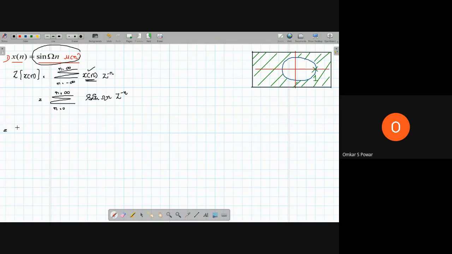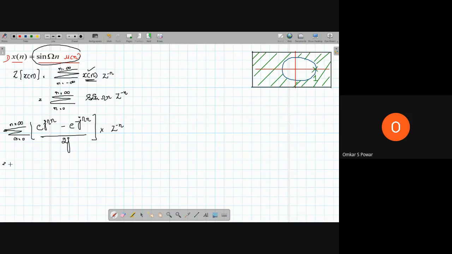I can express sine omega n in terms of exponentials. Summation n varies from 0 to infinity of e power j omega n minus e power minus j omega n divided by 2j, because sine theta is equal to e power j theta minus e power minus j theta divided by 2j, into z to the power of minus n.